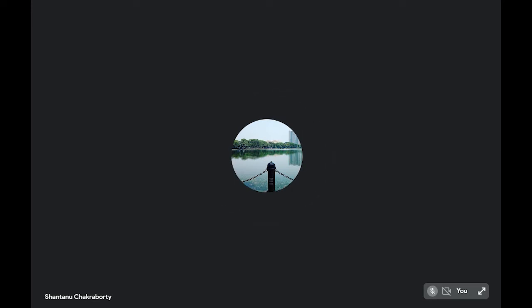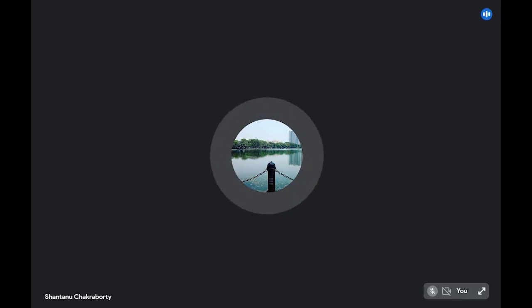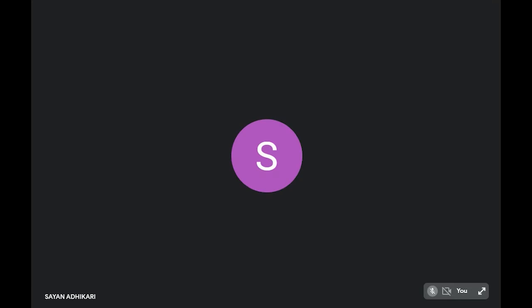So we see two types of spinal cord defects. That is, one is the closed and open defects and closed defects.